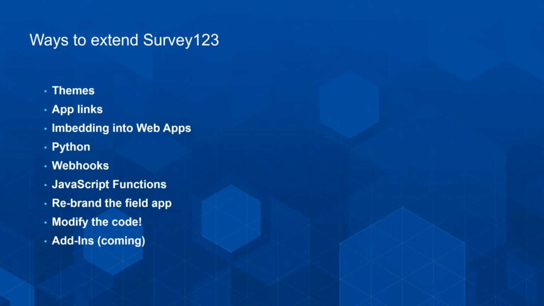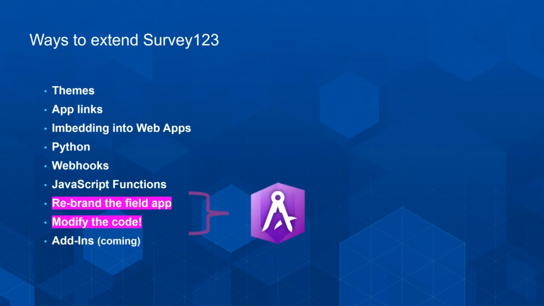And in the future, we're going to be offering new functionality where you can create add-ins. Add-ins give you the capability of dropping a bit of code into the existing app, and that's future work that's coming with Survey123. This session, we're really going to focus on rebranding the field app and modifying the code of the field app.